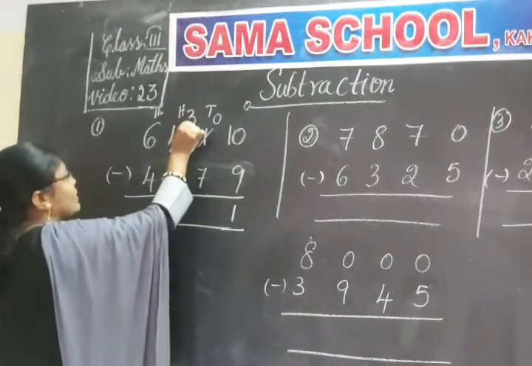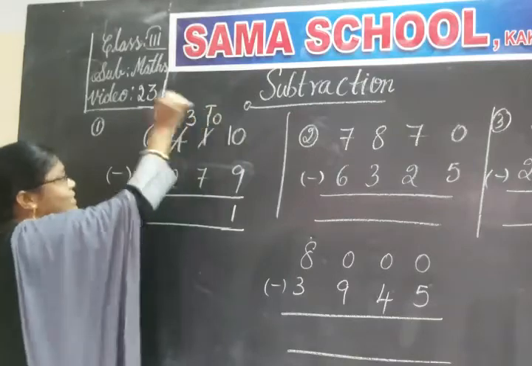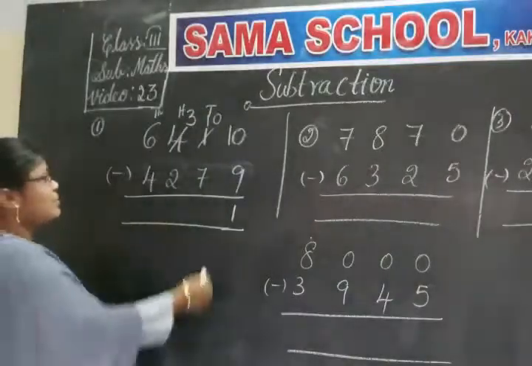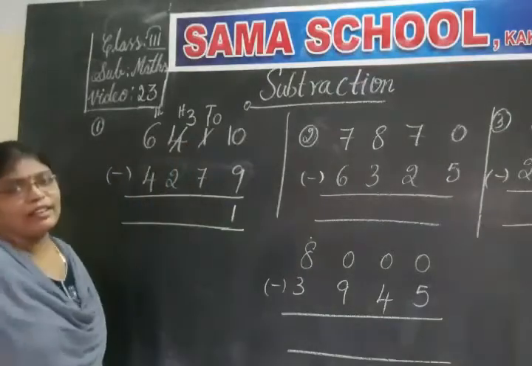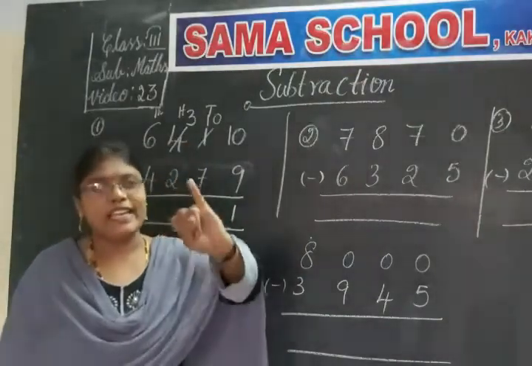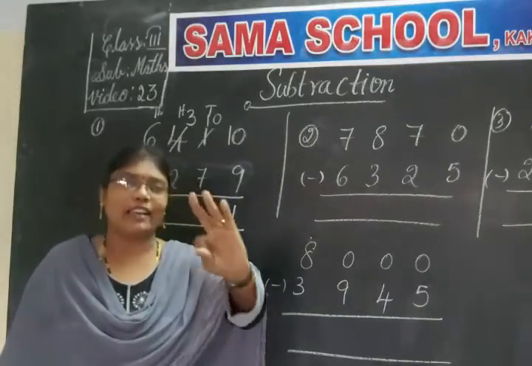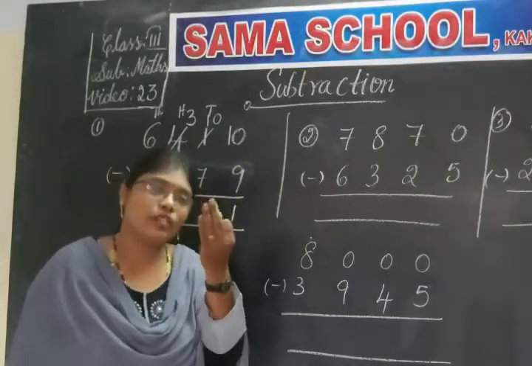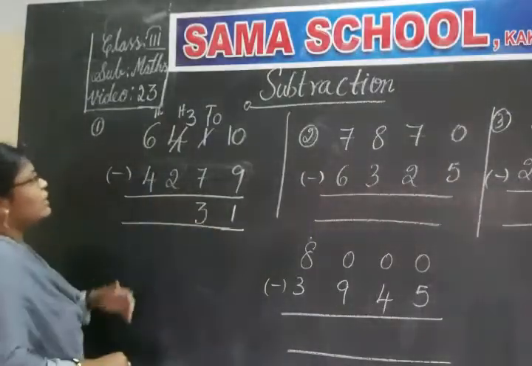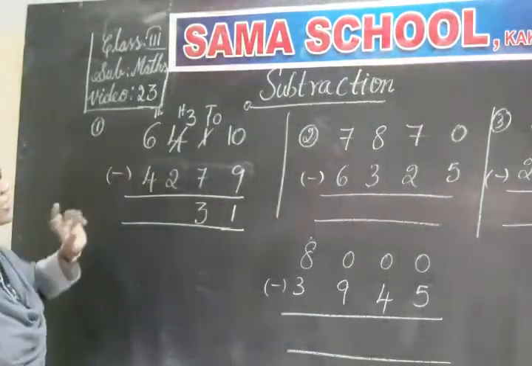So this will become 3 and this 0 becomes 10. So 10 minus 7. 7 after 10 tens. 7 after 8, 9, 10. How much? 3. So write 3 here. And 3 minus 2.